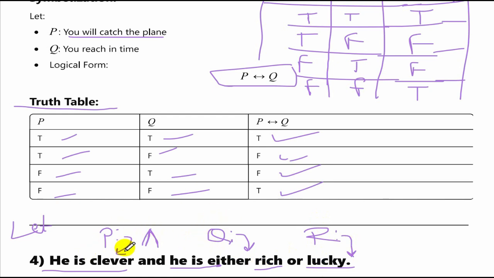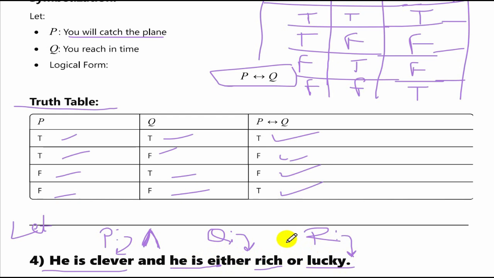But now, let's go with this standard format. Okay? P, Q, and R. So let P be he is clever, and he is, I'll tell you about the either later on. So he is rich means Q, he is lucky means R.